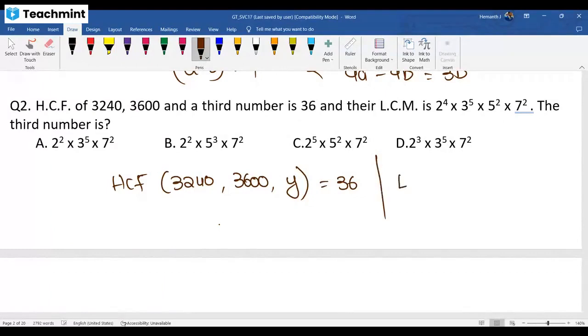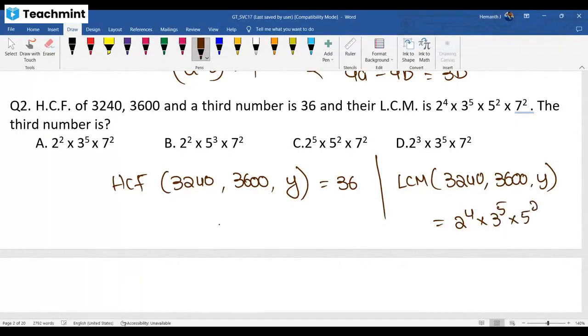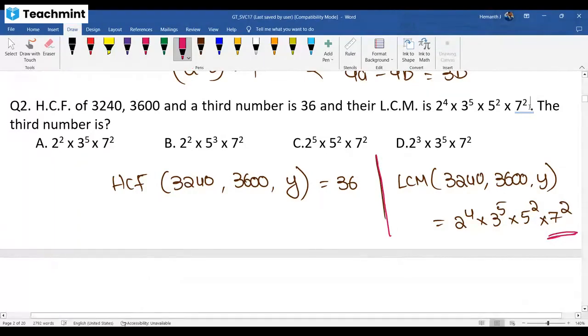And they've given the LCM of 3240, 3600 and Y as 2 power 4 into 3 power 5 into 5 power 2 into 7 power 2. This is the HCF and LCM for the given numbers. Now you have to calculate the third number.